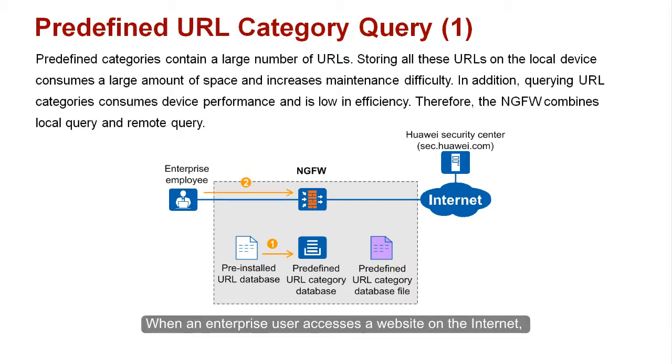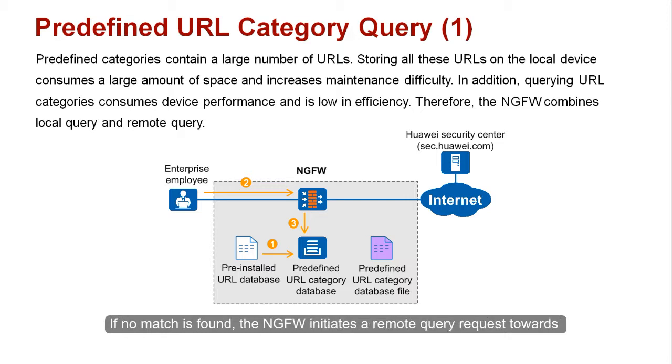When an enterprise user accesses a website on the internet, the USG6000 is triggered to perform URL filtering. After extracting the URL from the packet, the USG6000 starts to search for a match for the URL in the predefined URL category database. If a match is found, the USG6000 takes the action defined for the category.